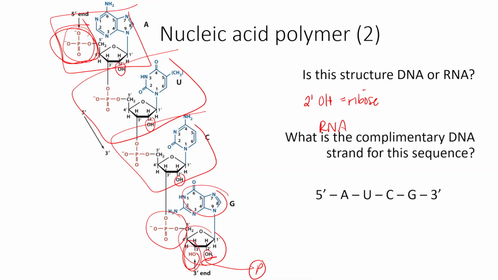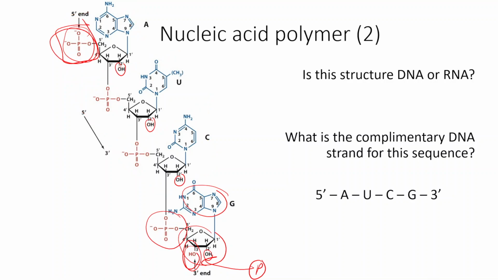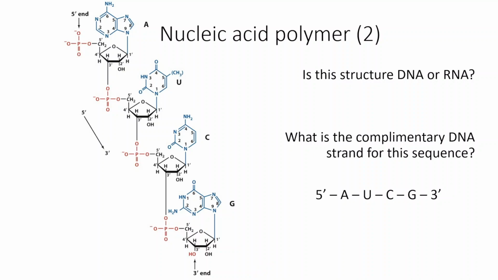So if we were to draw a complementary DNA strand, what would that be? Here I just have written out what we have drawn over here, which I've now covered in pen markings. So at the top, we have adenine on the 5' end, and then uracil, cytosine, and guanine.